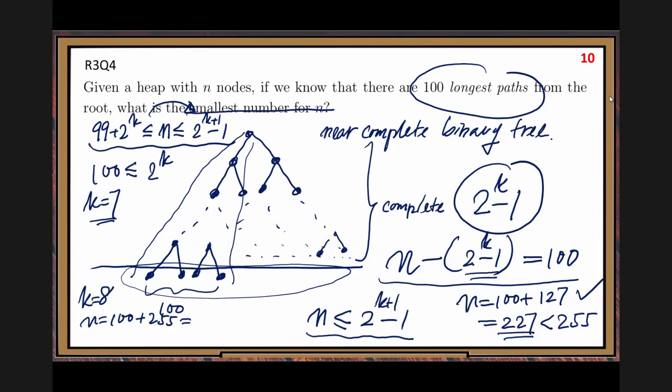So the smallest is 227 when k equals 7. Plug in k equals 7 and you get the smallest number for n.